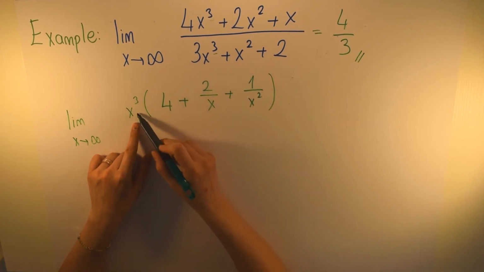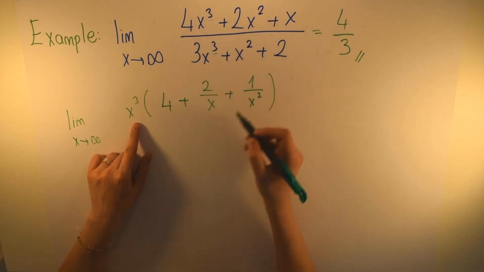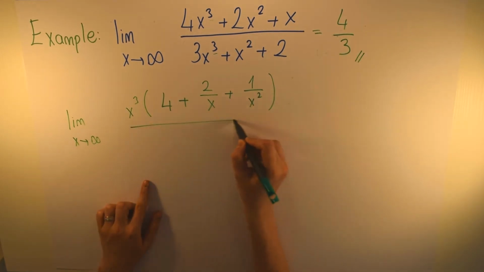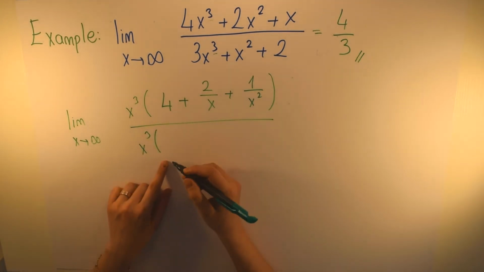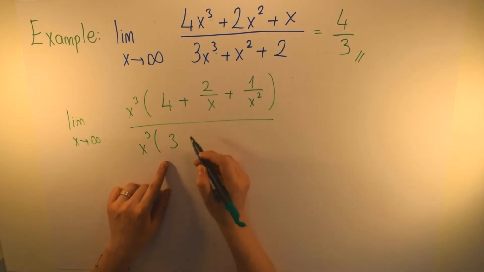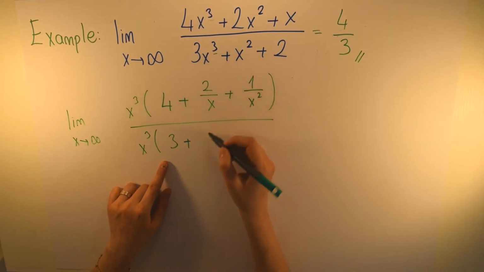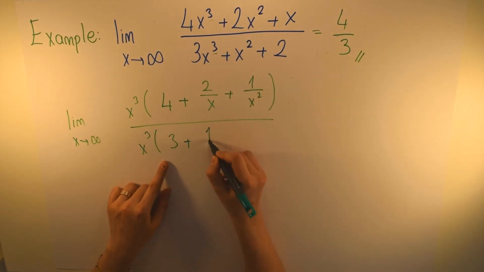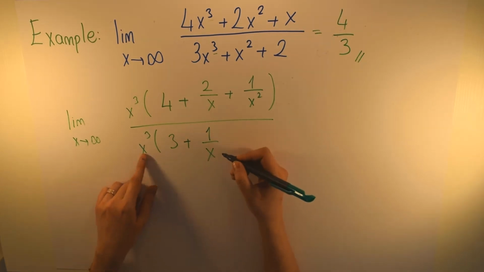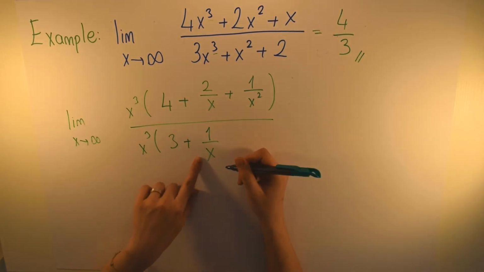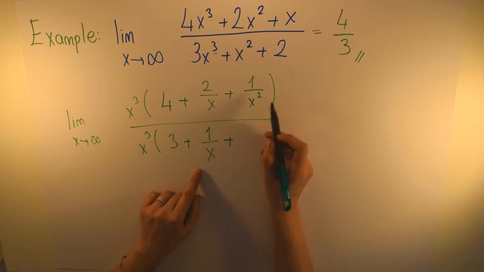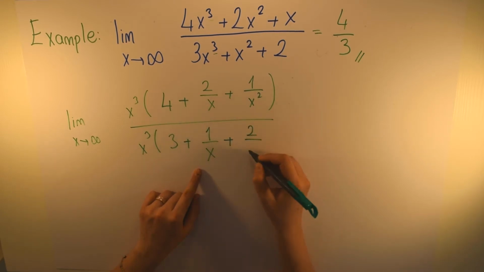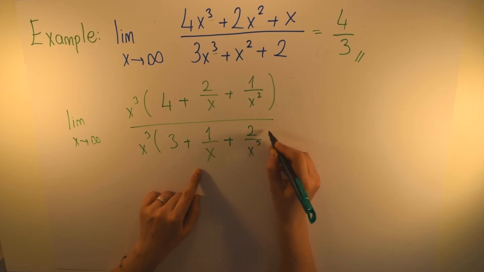Yes, when you multiply these two, you will get x. And in our denominator we have x cubed, parentheses, it is 3 plus x squared. I can write this as 1 over x, because x cubed times 1 over x is equal to x squared, plus we have here 2, so I can write this as 2 over x cubed.